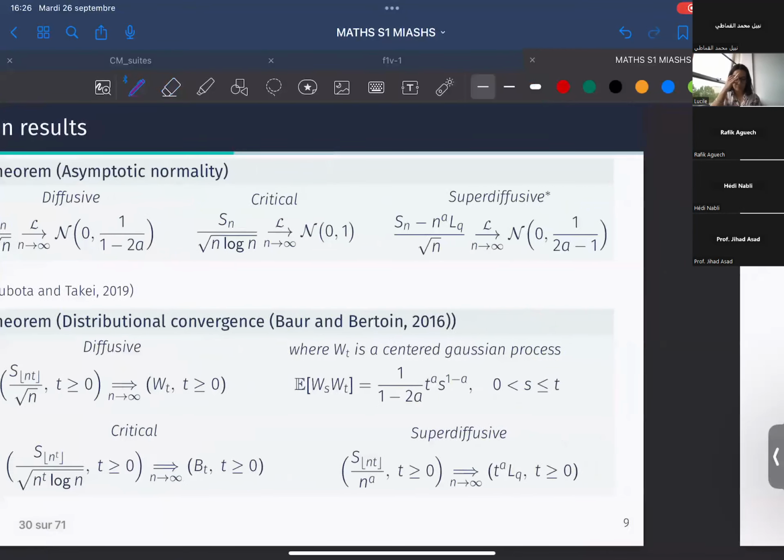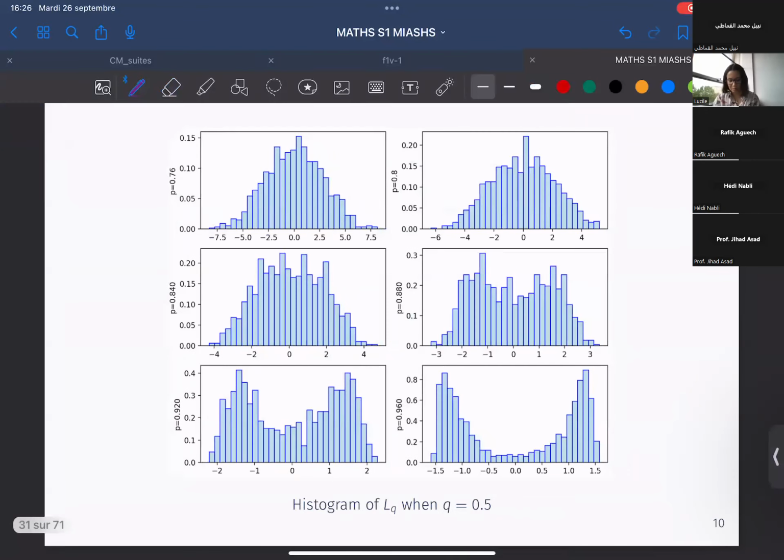So we were able to see some histogram of the random variable. The idea is that in the superdiffusive regime, the first step is important because, as I said in the beginning, the elephant has a tendency to always do the same step. So the first steps are really important because the elephant will go in that direction.